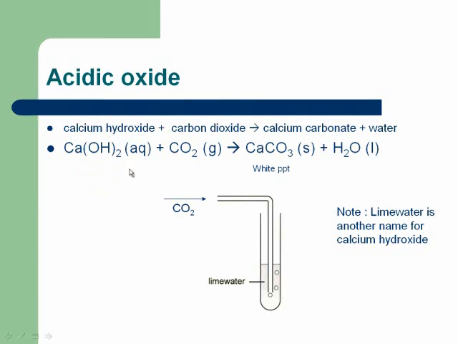The salt is actually the white precipitate. So still remember your experiment. When you bubble the carbon dioxide gas into the lime water, which is your calcium hydroxide, then white precipitate is formed, and this white precipitate is in fact calcium carbonate.